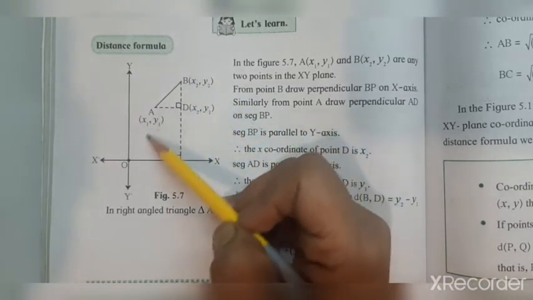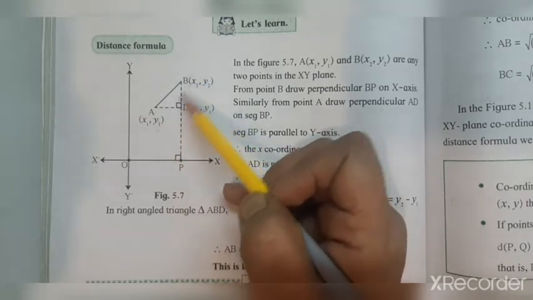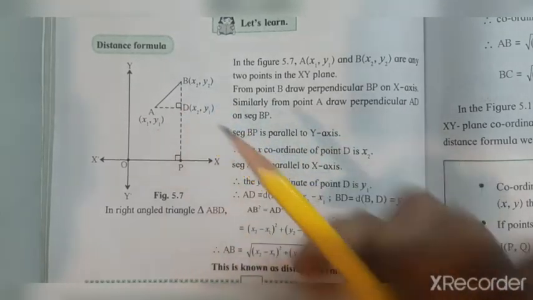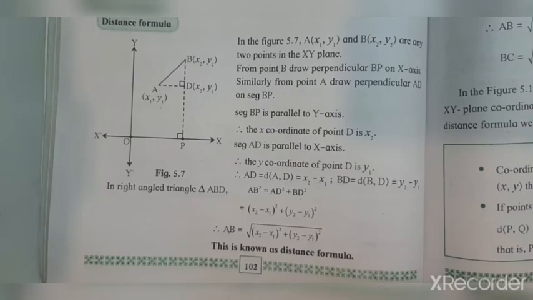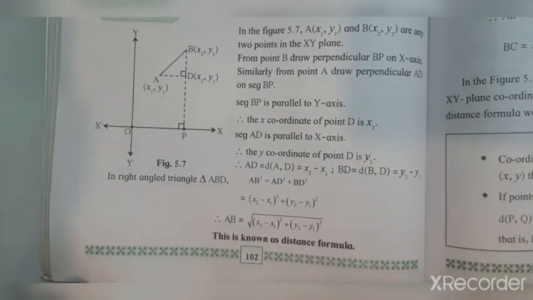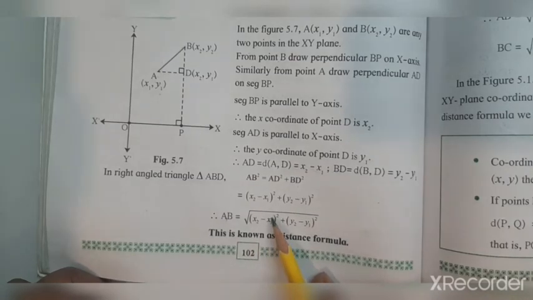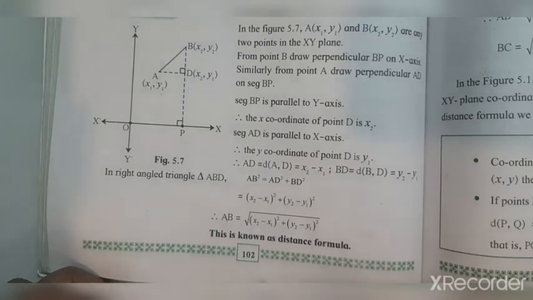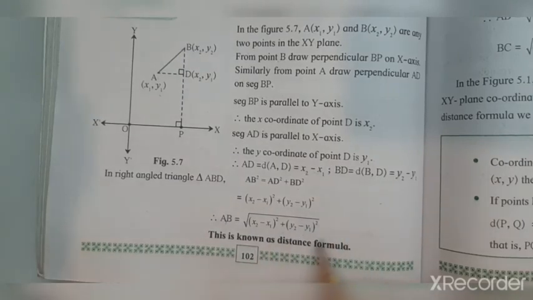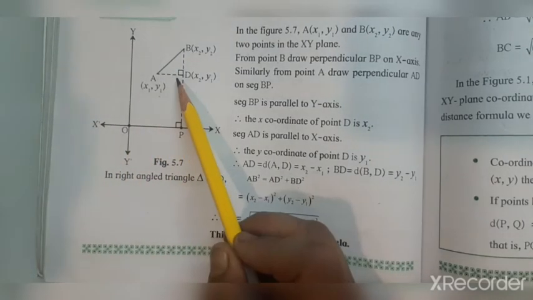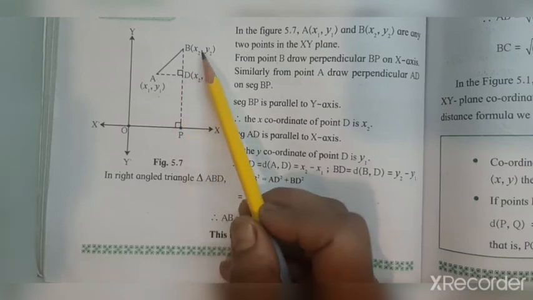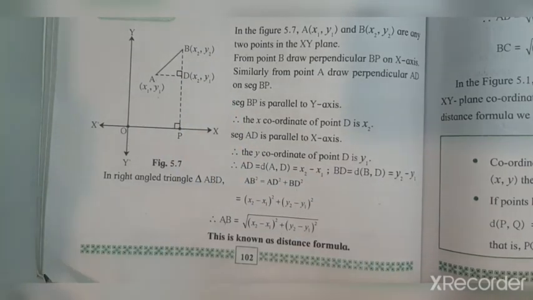If we have to find the distance between these 2 points A and B, then according to the distance formula, the distance AB is equal to square root of (x2 minus x1) the whole square plus (y2 minus y1) the whole square. This is just a general example of the 2 points A and B which has been given.